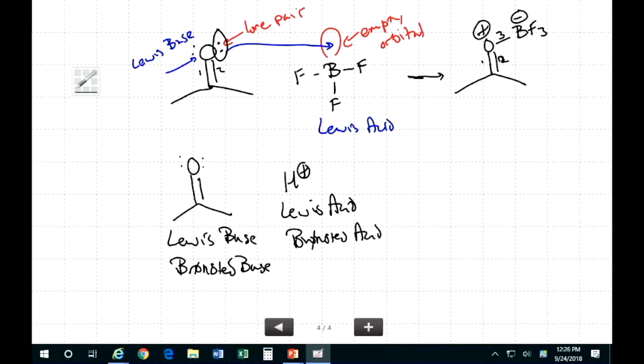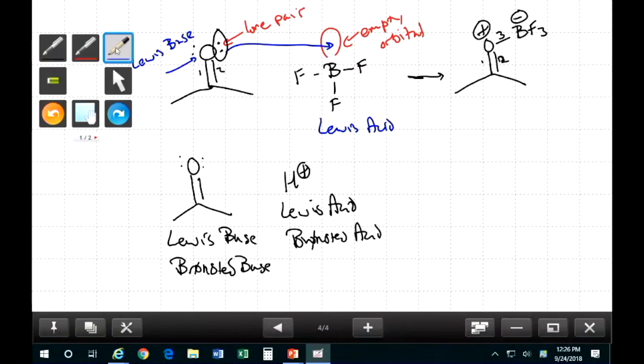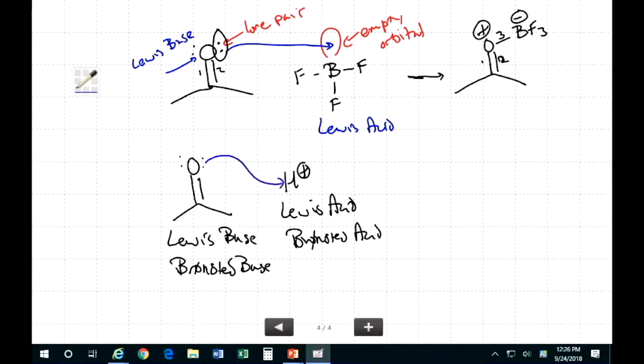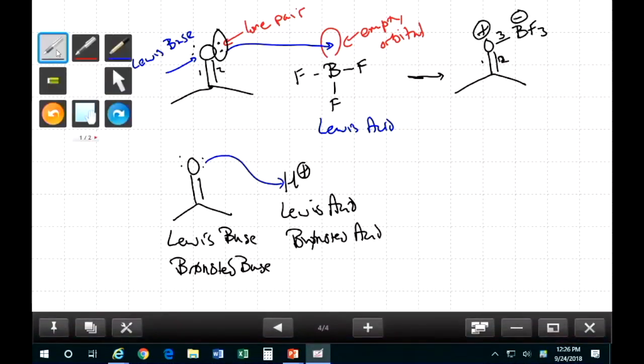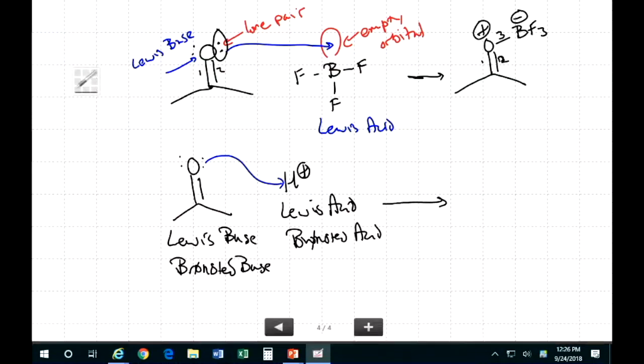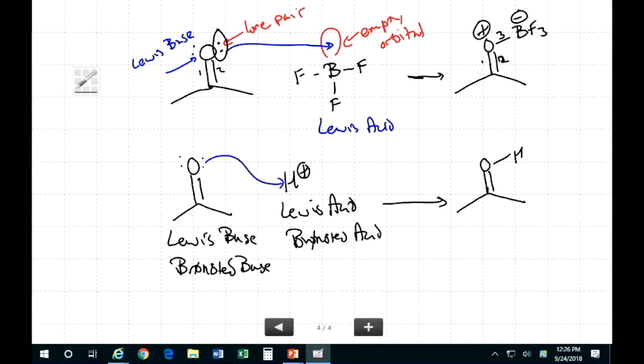Again, if you're thinking about it in the Lewis base, Lewis acid concept, these electrons go out and are given to the Lewis acid, and we make this.